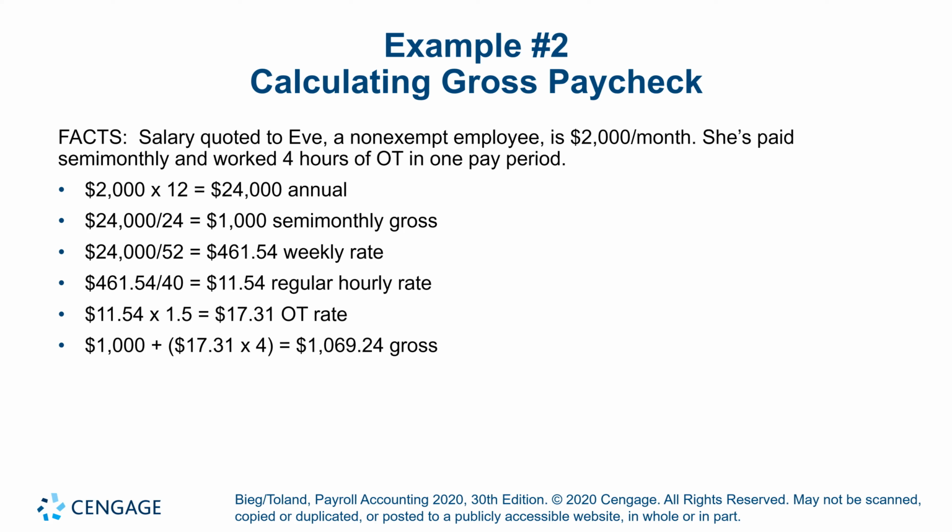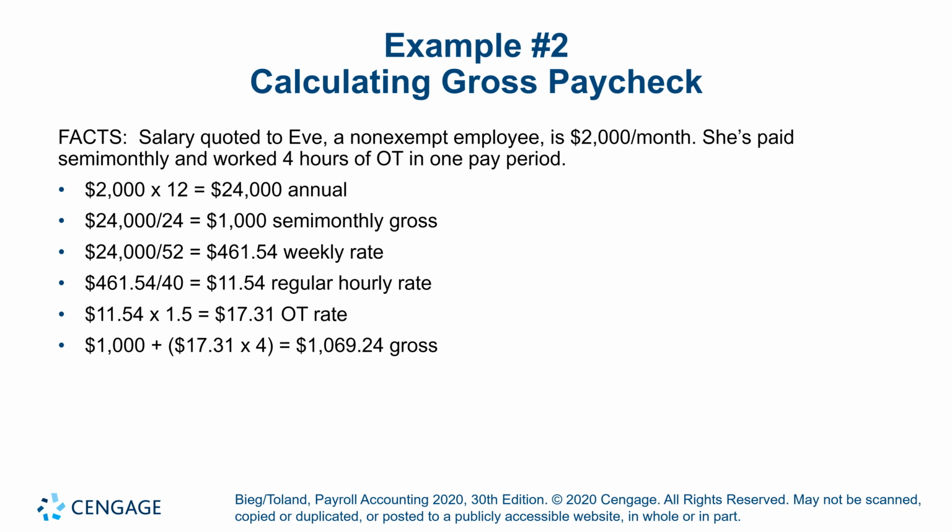So again, it's 2,000 a month. We want to put that into an annual number. We want to annualize that. So 2,000 times 12, that's 24,000 annually. And then we take that 24,000 divided by the number of pay periods for her. Since it's semi-monthly, that's 24 pay periods a year. So that breaks down to $1,000 basically per pay period.